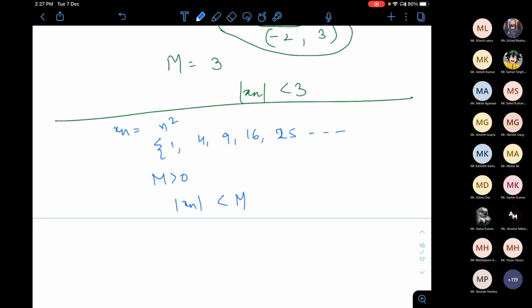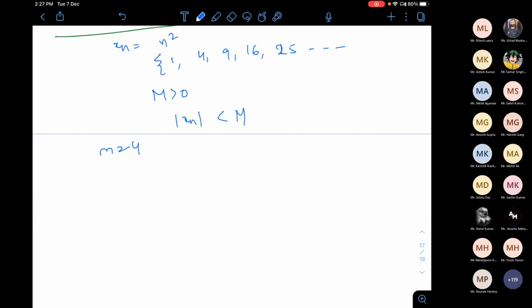That means that m will work only for that particular n. Let's say n is 4, then I will take m to be 17. Then everything will work for all n less than or equal to 4.